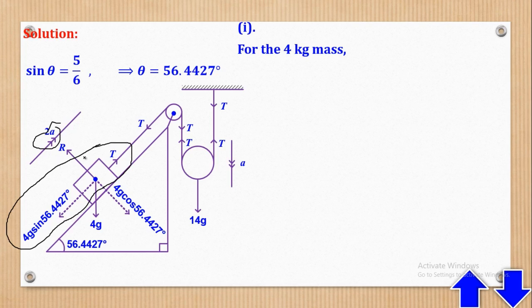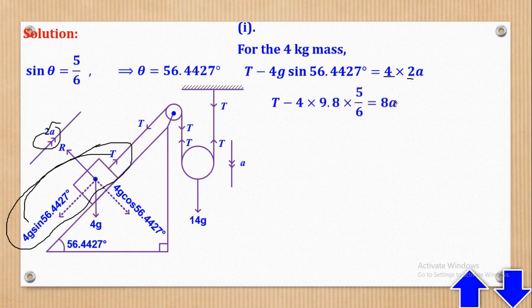Therefore it is moving upwards, meaning the resultant force will be T minus 4g sine that angle. Therefore we say T minus 4g sine that angle is equal to 4a, so that our acceleration is 2a. That is why you see here mass times acceleration. So when I simplify, I'll come up with an equation 3T minus 98 equal to 24a, and that is equation 1.